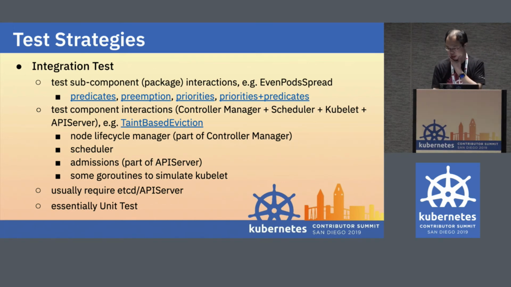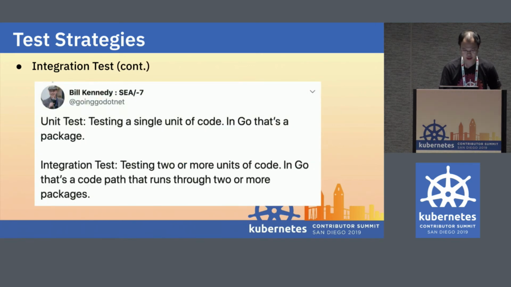So fundamentally, an integration test is actually a unit test, but with some external dependencies, like integration usually starts the API server as well as etcd. Okay, here's some quote from Bill Kennedy. He says that integration test is testing 2 or more units of code, and in Go is testing through multiple packages.